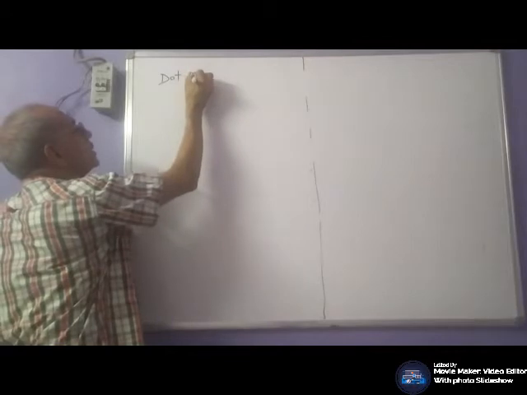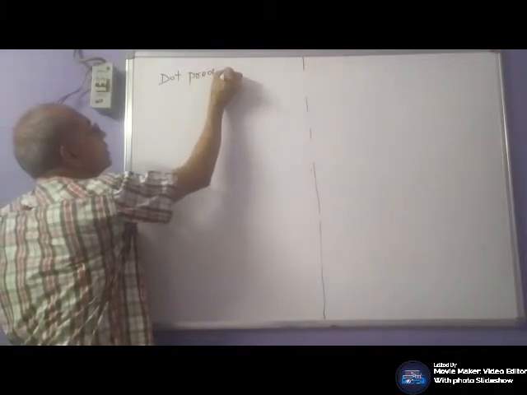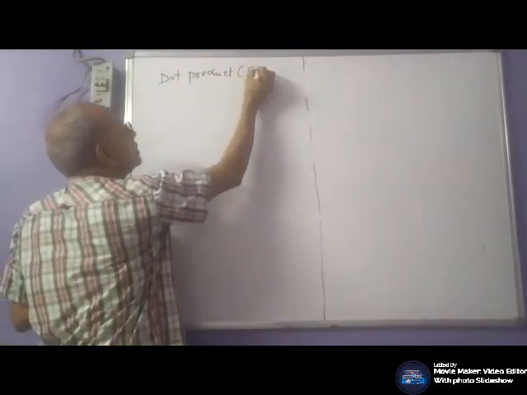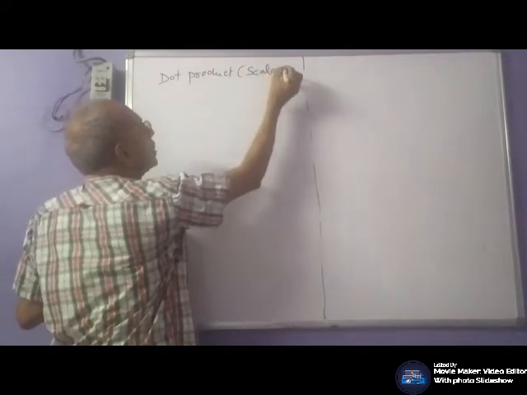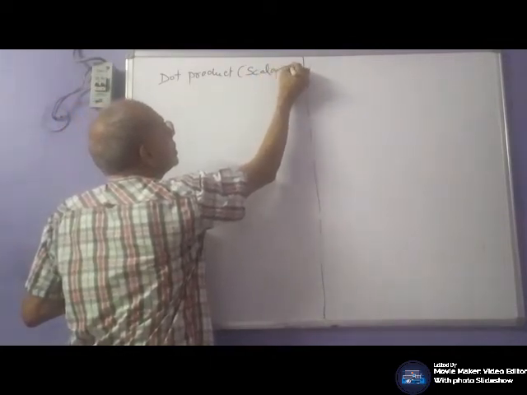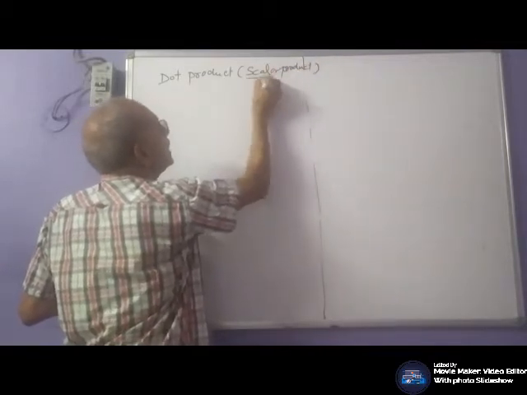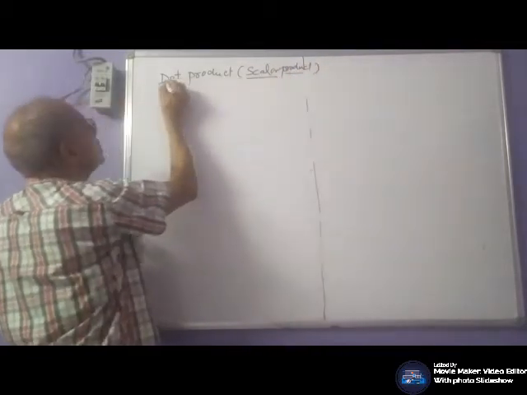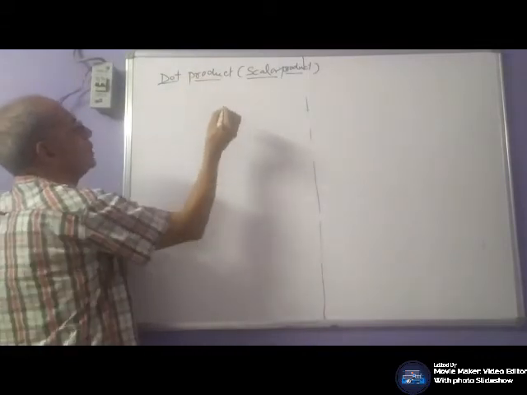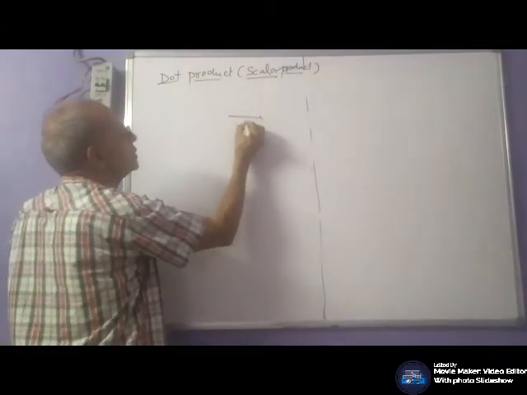Dot product, scalar product. These are two vectors.